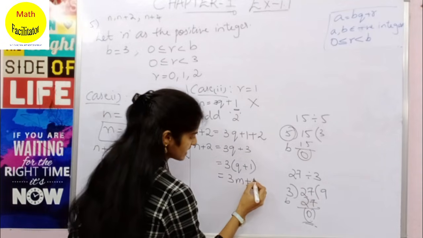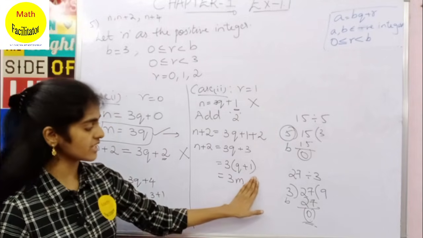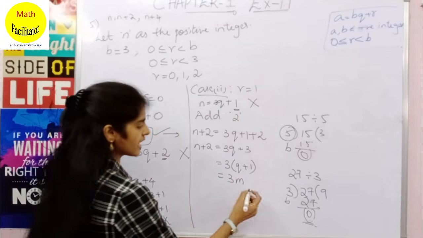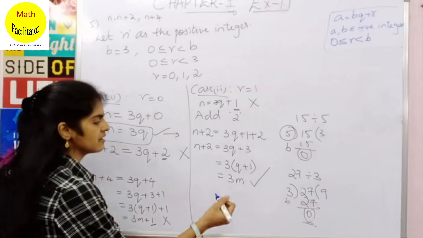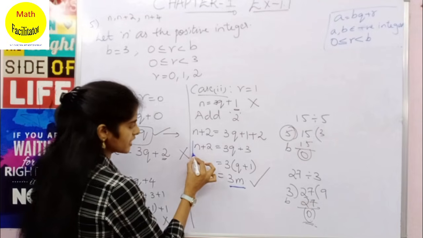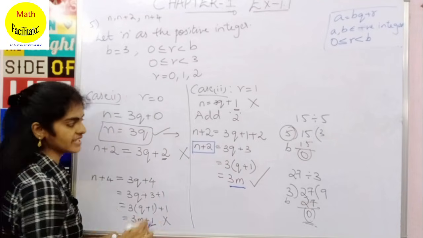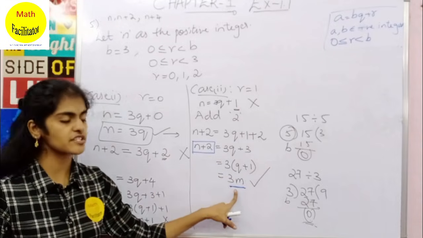This is nothing but 3m plus 0. There is nothing else here, which means the remainder is 0. That means this is divisible by 3. When the remainder is 0, this is divisible by 3. Clear? So when n plus 2, you got that this number is divisible by 3.